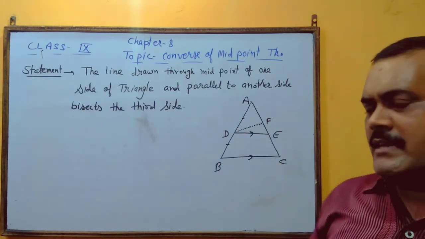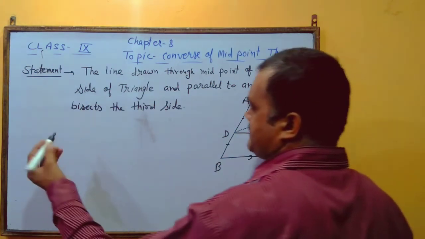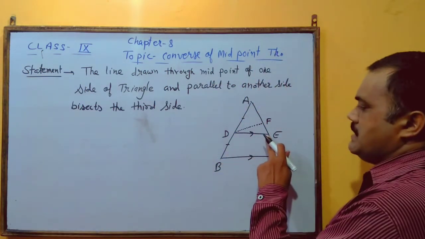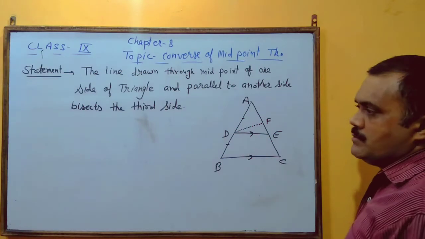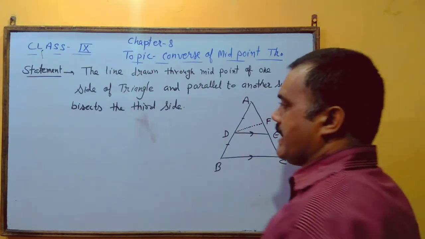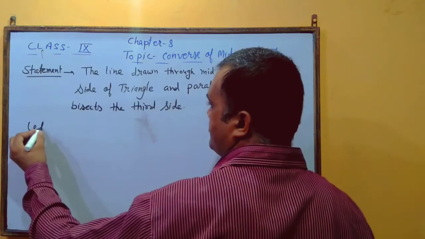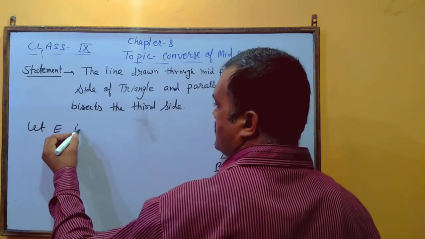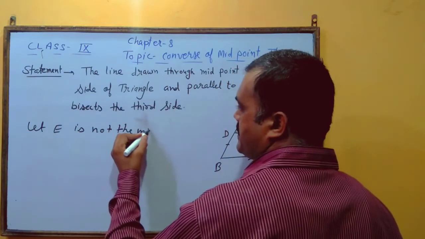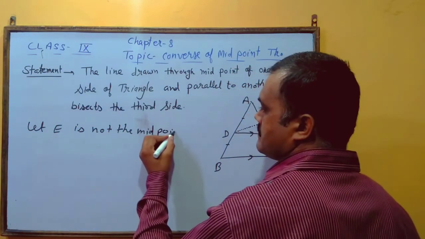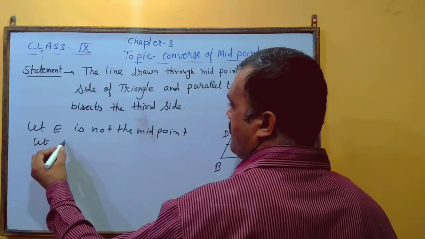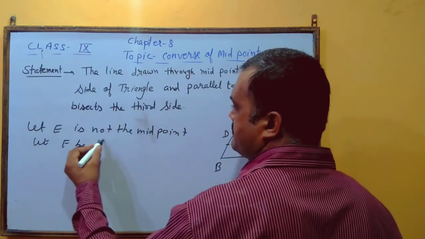So this is quite simple. You just write, we need to prove that this E is the midpoint. So you know from the midpoint theorem, let E be not the midpoint. Let F be the midpoint.